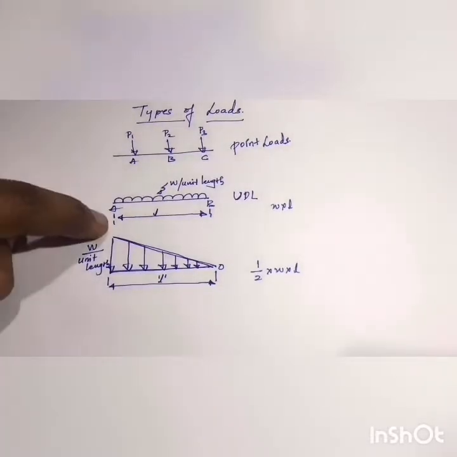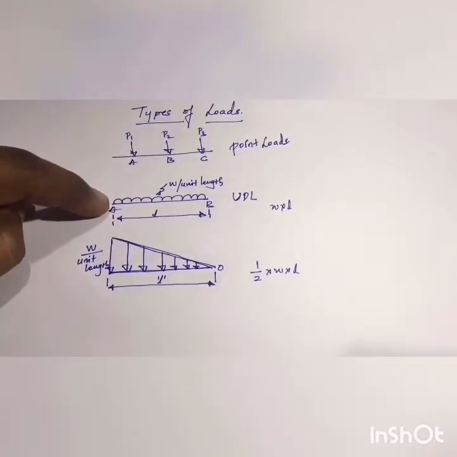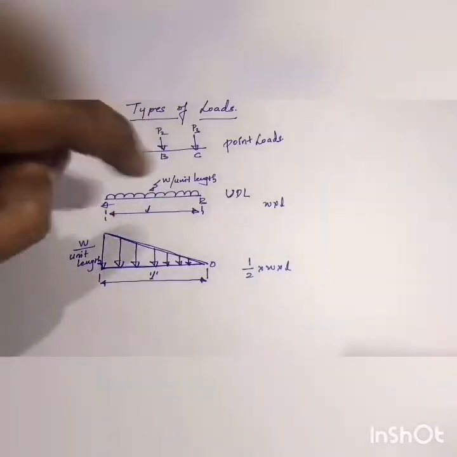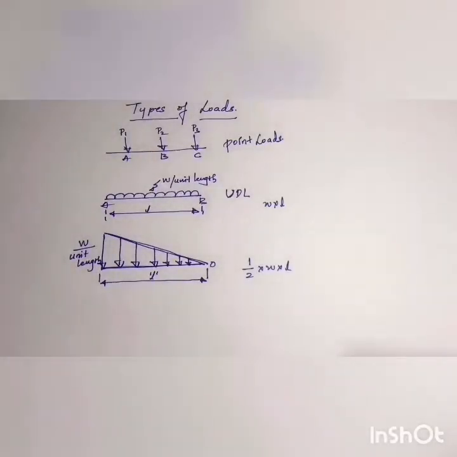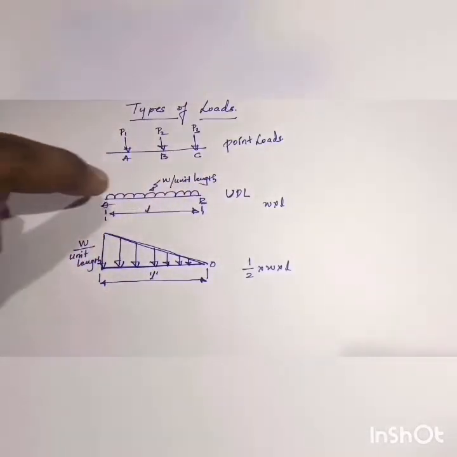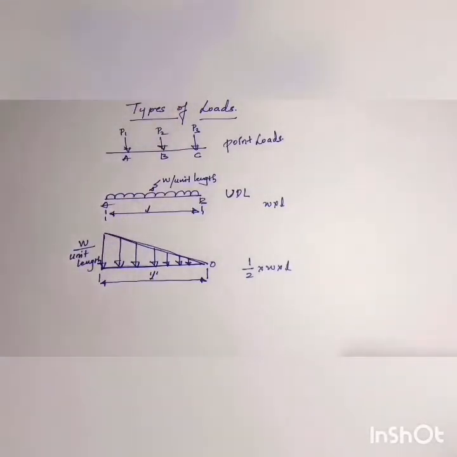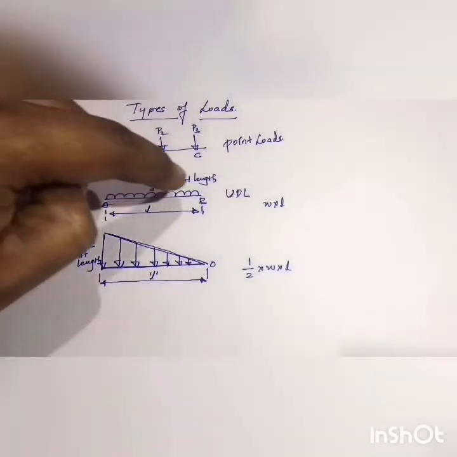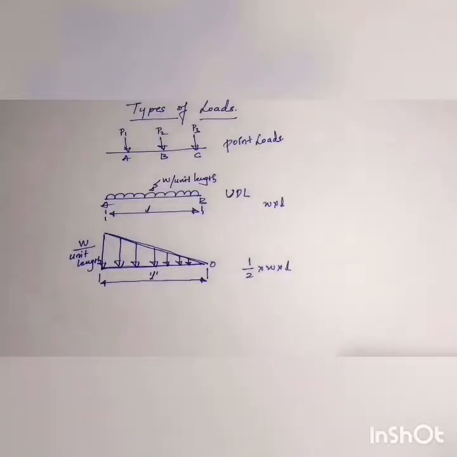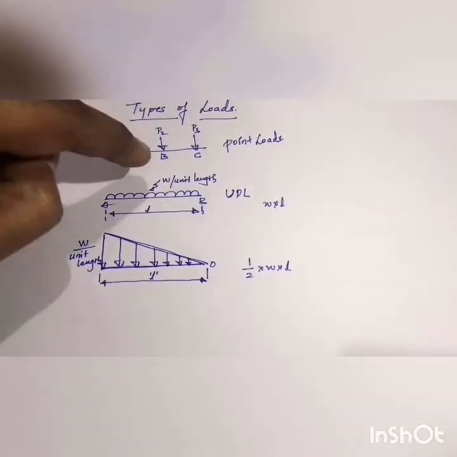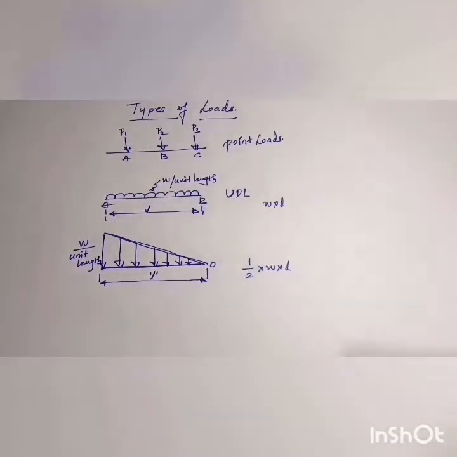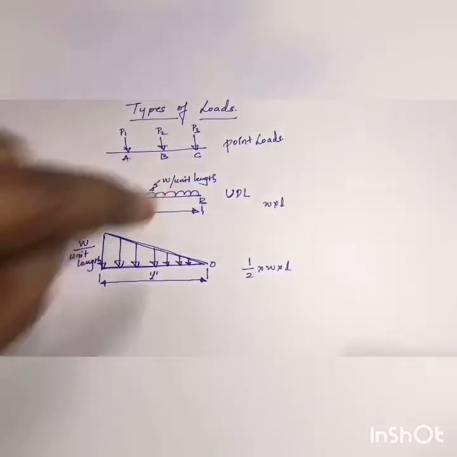Now, consider figure 2, wherein we have a load which is acting uniformly between two sections. Such a load which is uniform along the beam is called a uniformly distributed load. Here, the magnitude of UDL is W per unit length, which is nothing but load intensity.